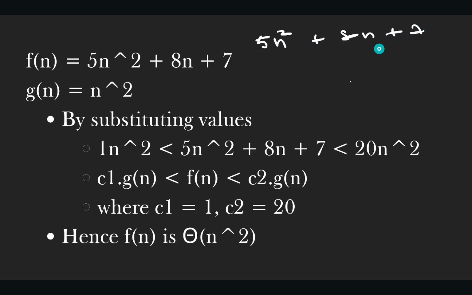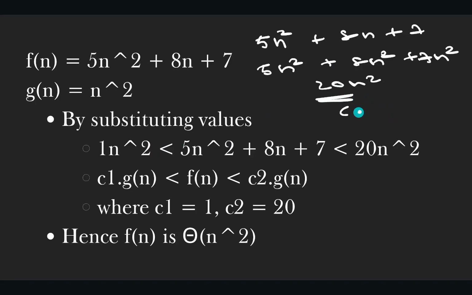So you use these coefficients and write it like this. Then you get 20n squared, and you can use this value as c2, and it will be equal. Over here it should be equal, actually, not greater than.